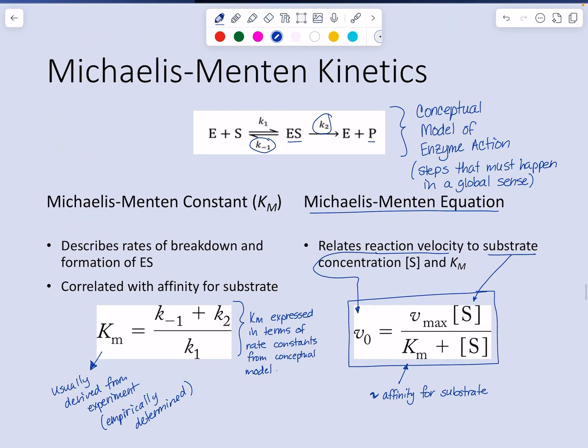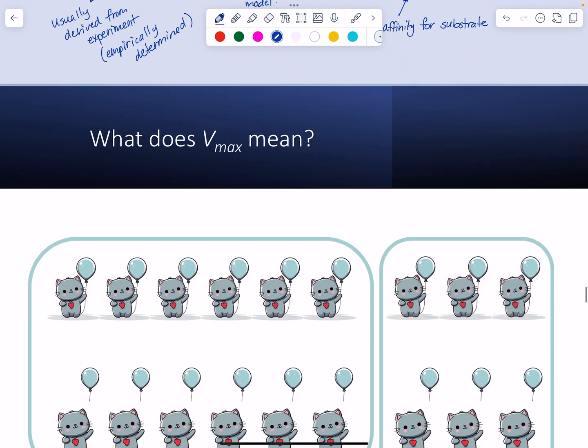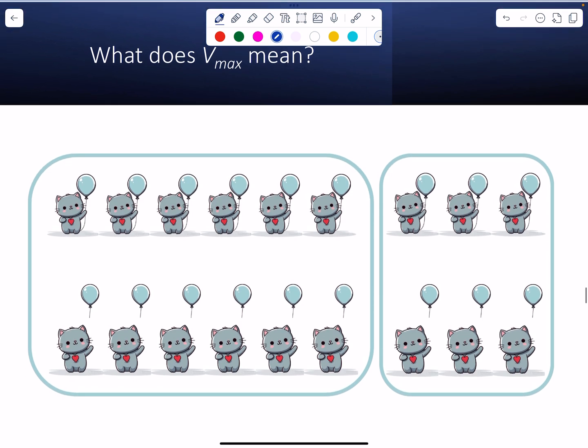The one thing that I had not mentioned in this model is Vmax. This is the rate when all enzyme molecules are what we call saturated with substrate. And we use this analogy of the cats with the balloons, right?